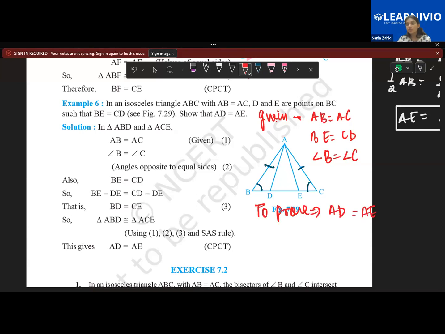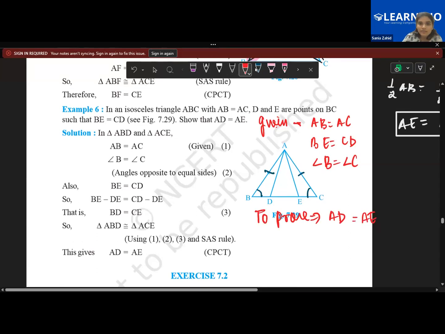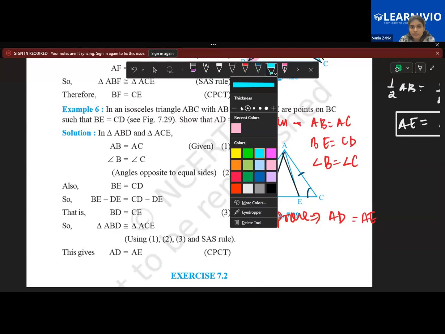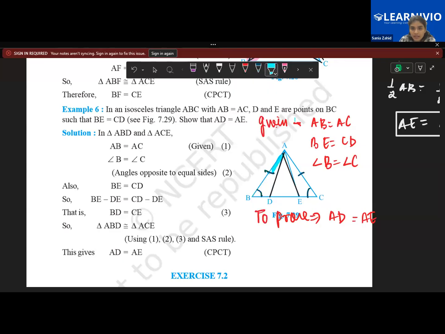Now, children, see, AD is over here and AD comes over here. So, children, can I take these two small triangles, this triangle and this triangle? The line is coming in both of them, in either of the triangles. Yes, ma'am.